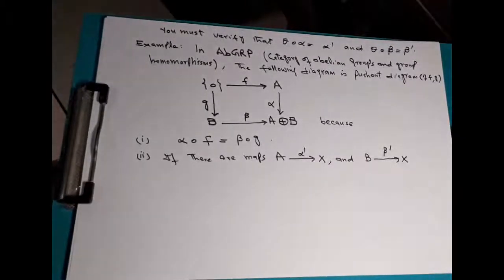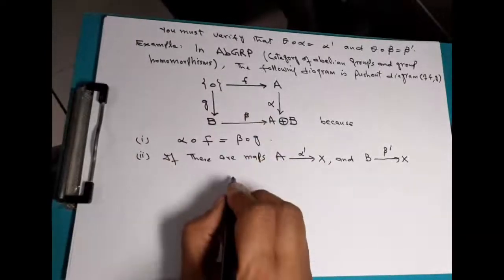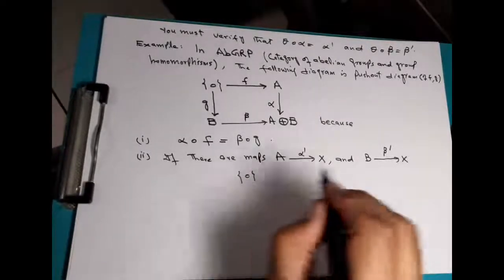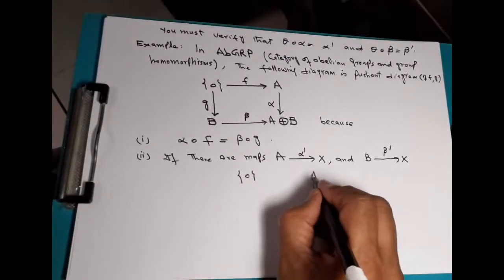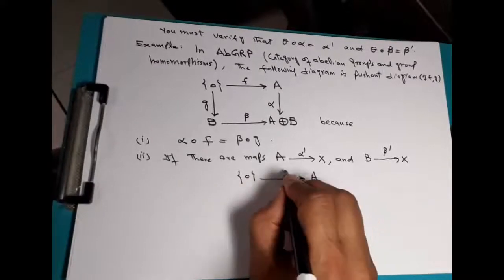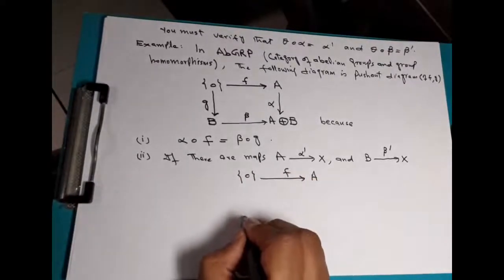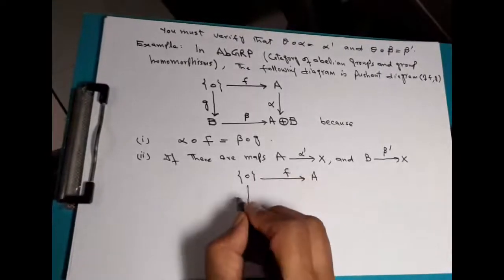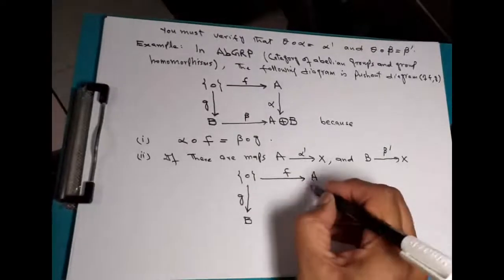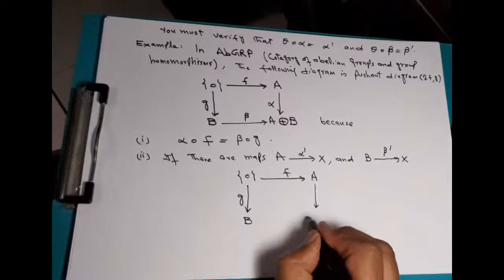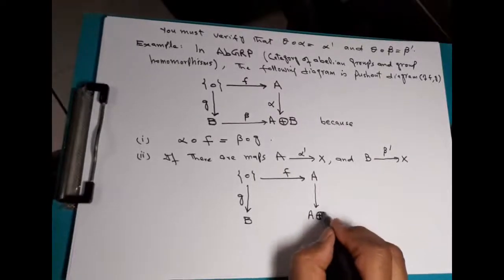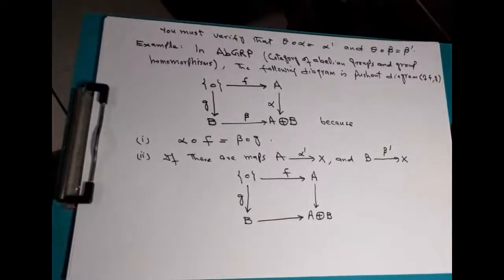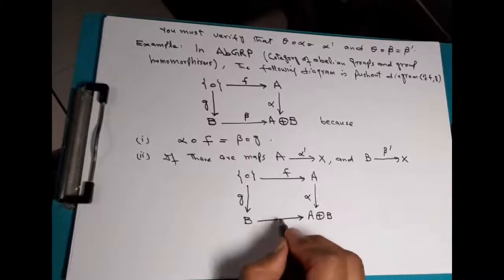Before writing what we have to write, let's draw the diagram first. So this is the trivial group, then we have a map from the trivial group to A, because the trivial group is the initial object. We have a map from the trivial group to B, because the trivial group is the initial object, G, and we have a map from A to A plus B, which is the direct sum of A and B. We have a map from B to A plus B, and this map is alpha and this map is beta.